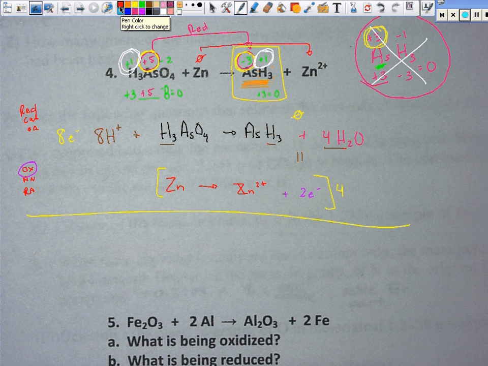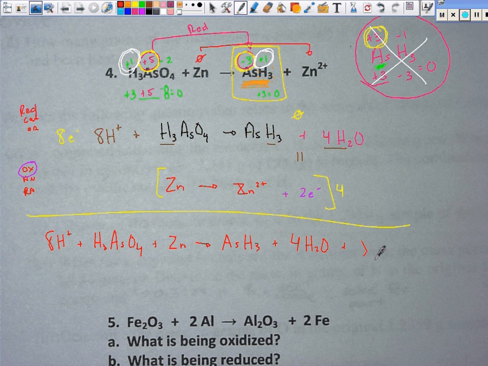It's going to go to AsH3 plus 4 H2Os plus Zn2 plus. Okay, so we have, let's see, 12 H's, 12 H's, 1 As, 1 As. We've got 4 oxygens, 1 zinc, 1 zinc.